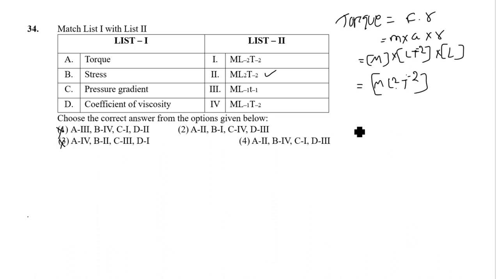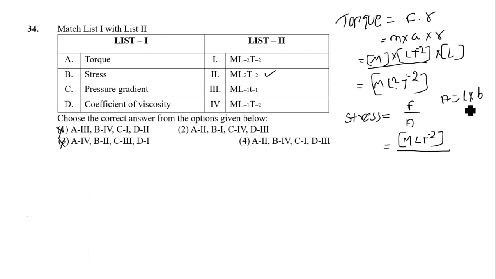The next one is stress. Stress is similar to pressure, so it is force per area. We know the dimension of force is M L T minus 2, and the area we can write as length into breadth.